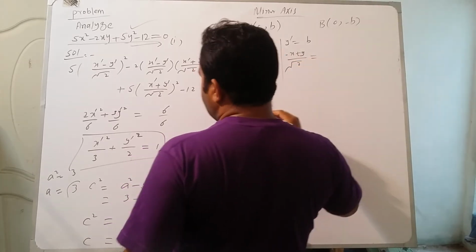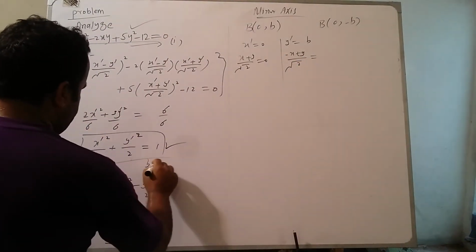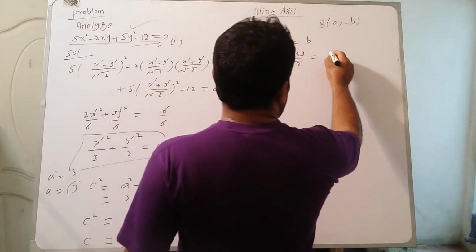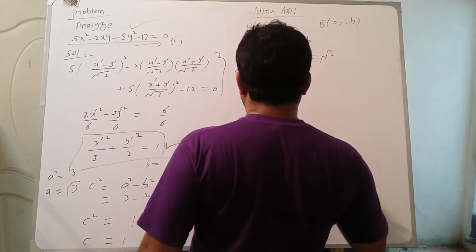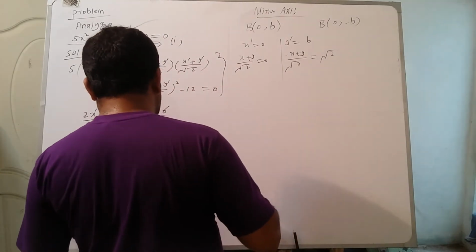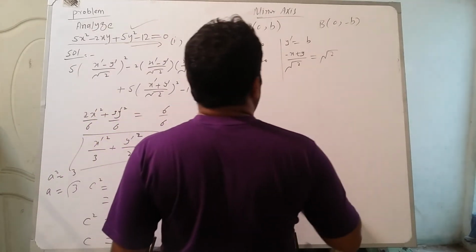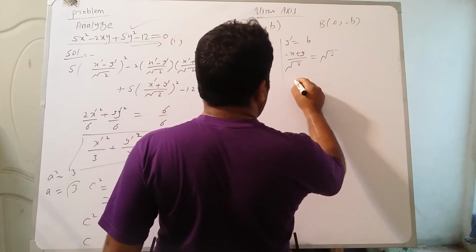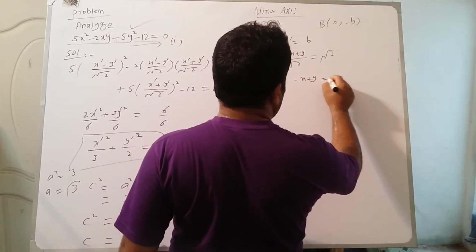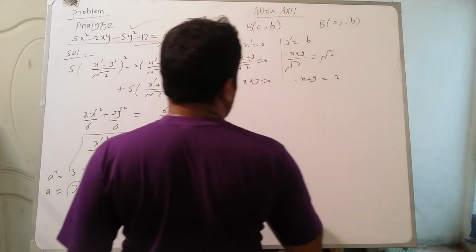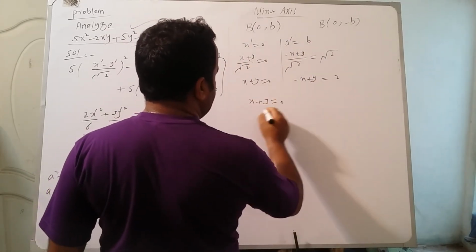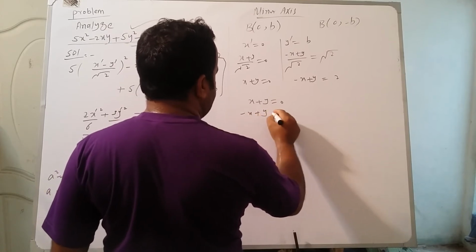What is the value of b? b is equal to root 2 over here, because b square is equal to 2. So here x plus y is equal to 0 and minus x plus y is equal to 2.